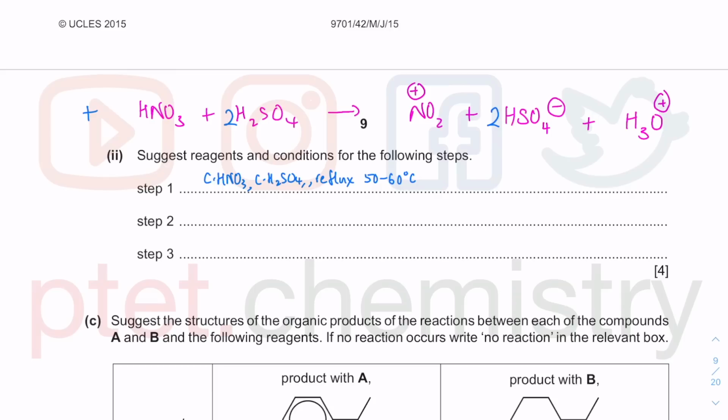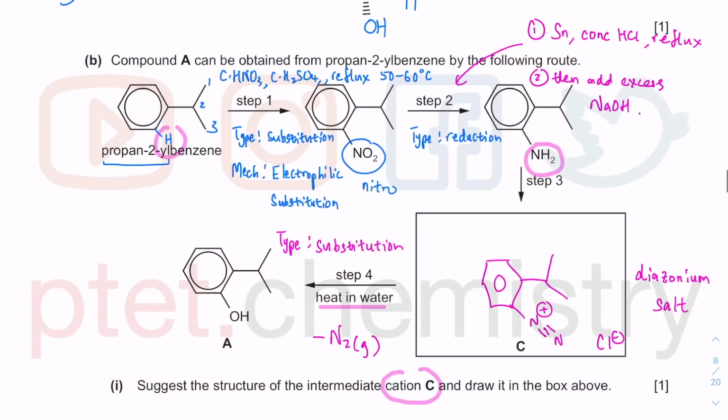This is the balanced equation in order to show that concentrated nitric and concentrated sulfuric acid come together to give you these electrophilic species that the benzene attacks and undergoes electrophilic substitution to do a nitration reaction there. Step 2 is your reduction, and this was the one I mentioned.